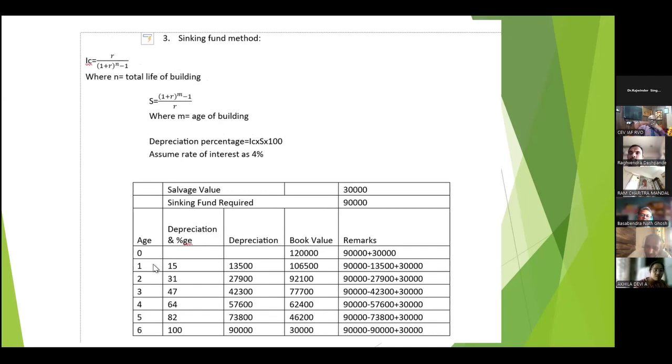So at the age of 1, IC will remain same. 1 से लेके 6 साल तक IC की वैल्यू सेम रहेगी, क्योंकि R आपकी 0.04 है, डिवाइडेड बाय (1 प्लस 0.04) रेज टू पावर 6, चाहे 1 साल के लिए, 2, 3, 4, 5 साल, IC की वैल्यू सेम रहेगी। लेकिन S की वैल्यू पहले साल में n कितना है 1, दूसरे साल में n 2, तीसरे में 3, तो S की वैल्यू चेंज होती जाएगी.